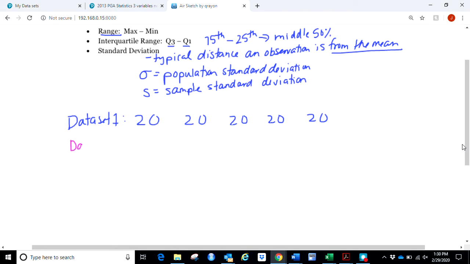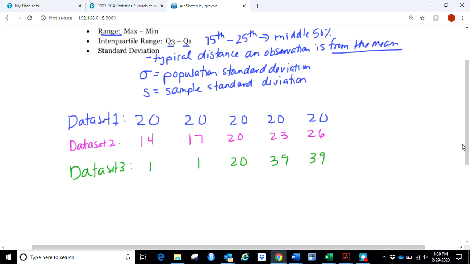Data set 2 also consists of 5 values, but here they are 15, 17, 20, 23, and 26. And our final data set 3 consists of 5 values, but they are 1, 1, 20, 39, and 39.